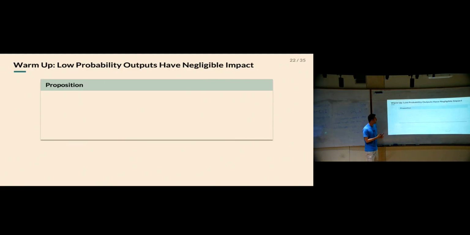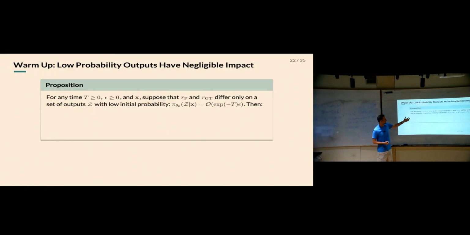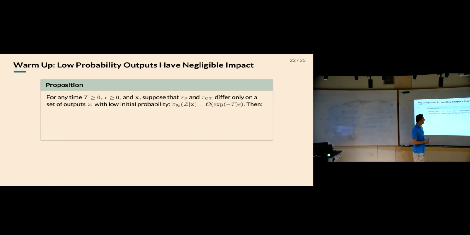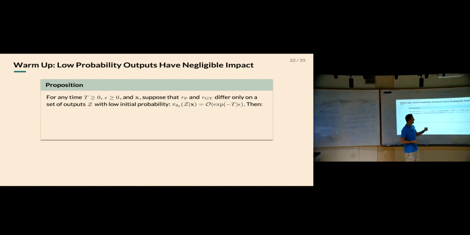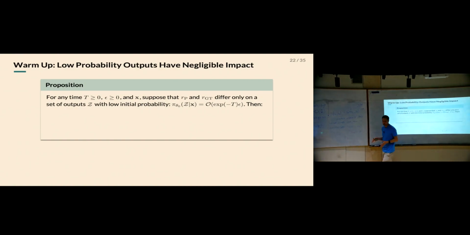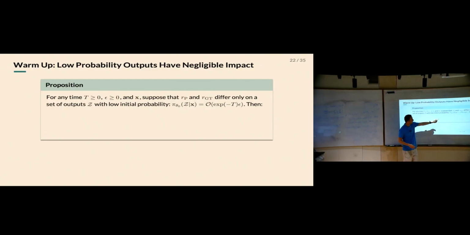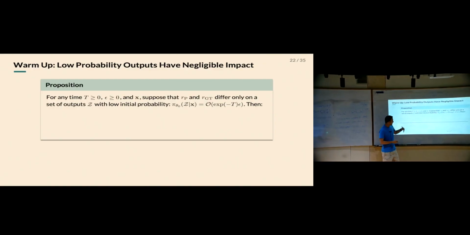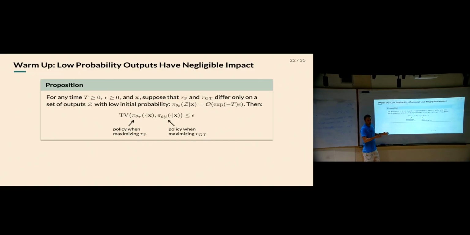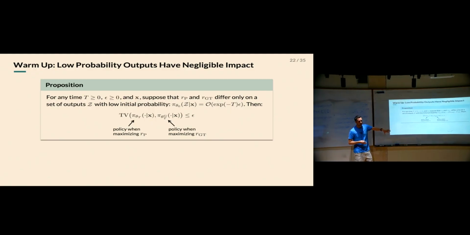And you can formalize this. You can show that for any optimization time and approximation level epsilon, if the proxy reward function and the ground truth differ only on a set of outputs that has low probability, and of course it needs to be lower the longer you train and depending on epsilon, then the total variation distance between the policy that you would have gotten if you trained with the proxy reward function and the policy that you would have gotten if you had trained with the ground truth is at most epsilon.